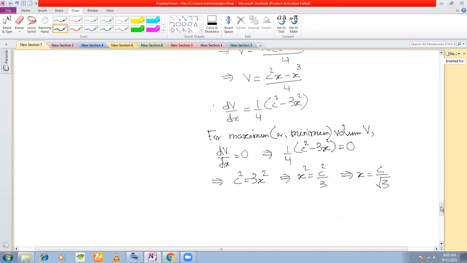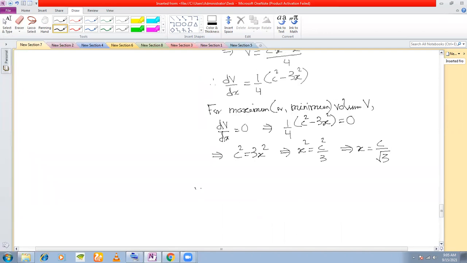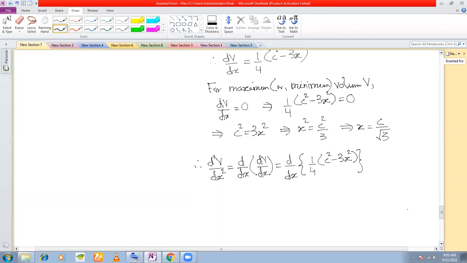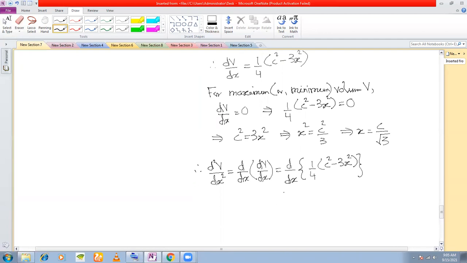Now we do the second derivative test. Therefore, d2V/dx2 is d/dx of dV/dx, which is d/dx of 1/4 (c square minus 3x square). 1/4 is a constant, you take it out.